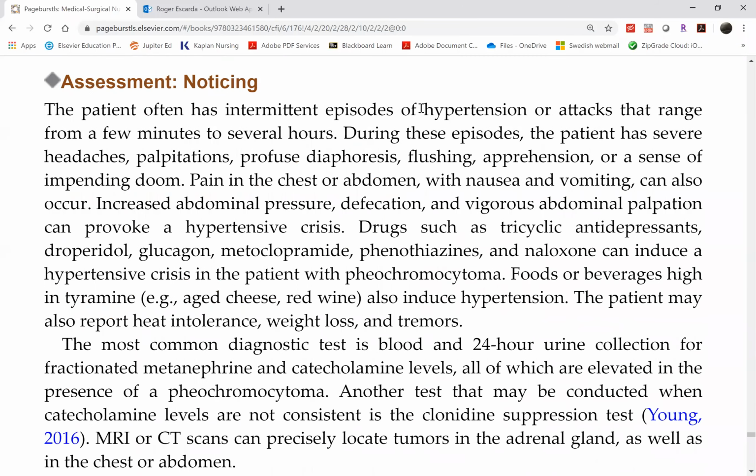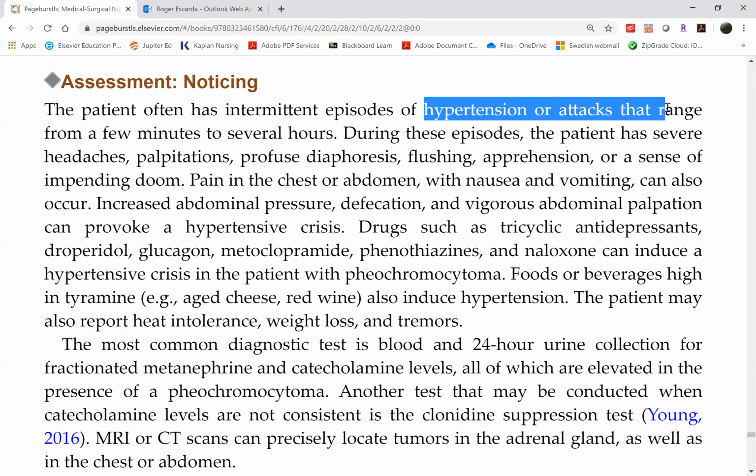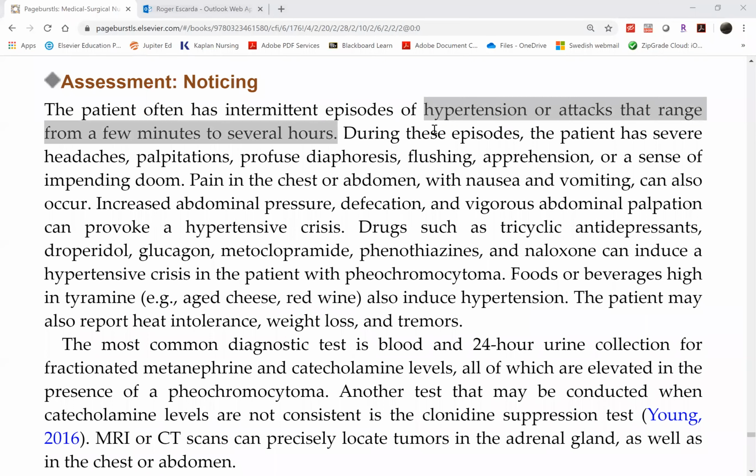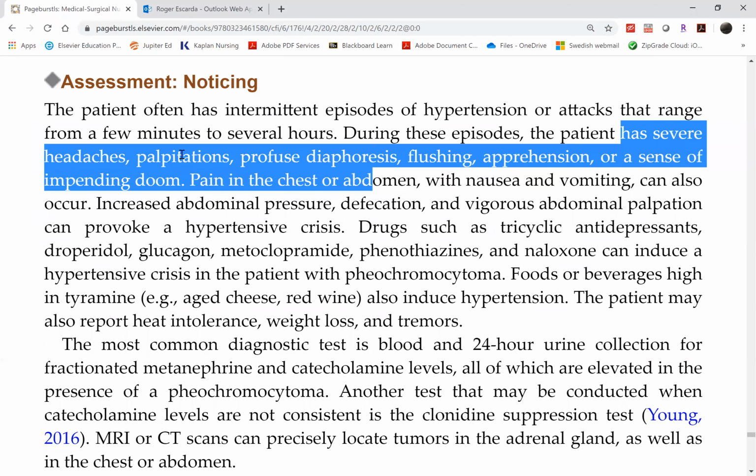So here are your problems. Hypertension, which can have attacks. Manifestations of the severe hypertension are these again.